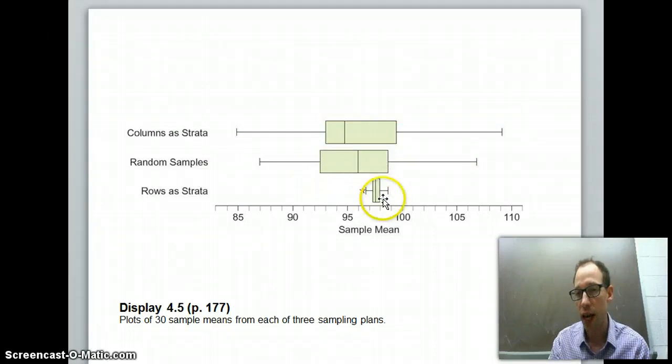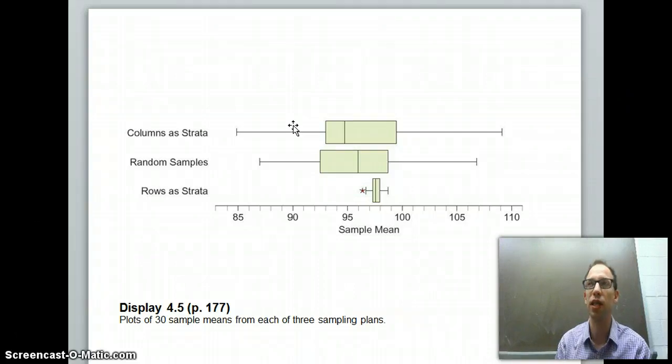So why did that happen? Columns as strata was just kind of an arbitrary choice, and it turns out when you do stratified random sampling, you usually want some kind of purpose or guiding reason. Otherwise, you're probably better off just taking it randomly.